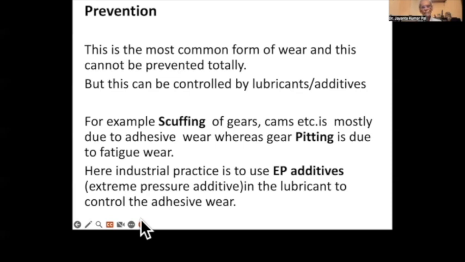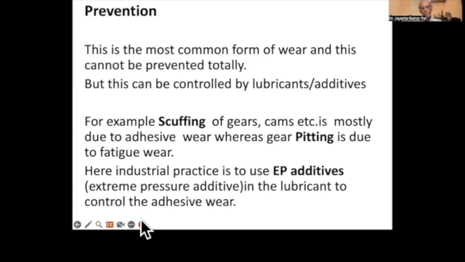Now EP additives in common terms means extreme pressure additives. Extreme pressure additive actually means that when the pressure is very high, we need to put in a lubricant that takes care of the problem that happens there.